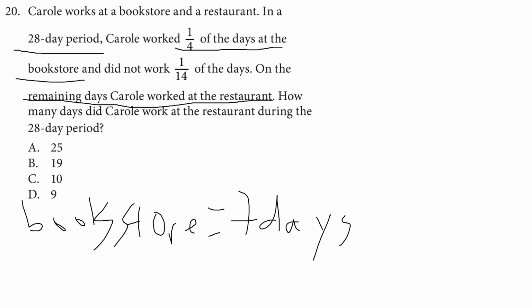So we're going to do the same thing. We know that it's a 28-day work period. We know she did not work 1/14 of those 28 days. So we're going to turn 28 into a fraction and multiply those fractions. And that gives us 28 over 14.